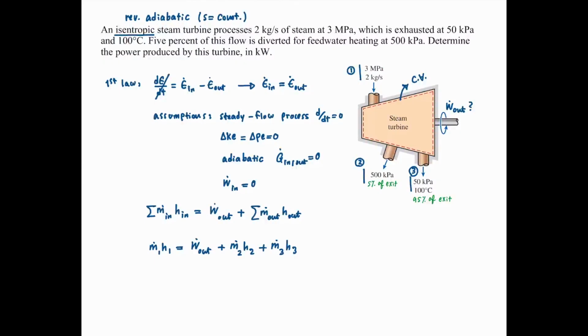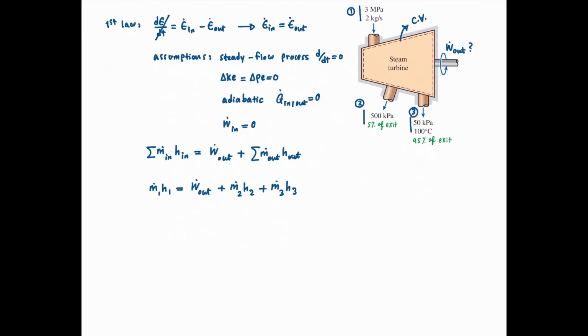We are interested in W dot out, so I'm going to rearrange this equation for W dot out. W dot out equals m dot 1 h1 minus m dot 2 h2 minus m dot 3 h3. And m dot 1 is given in the problem statement, 2 kilogram per second. So I have to determine m dot 2 and m dot 3, and I have to read the numbers for enthalpies to solve for W dot out.